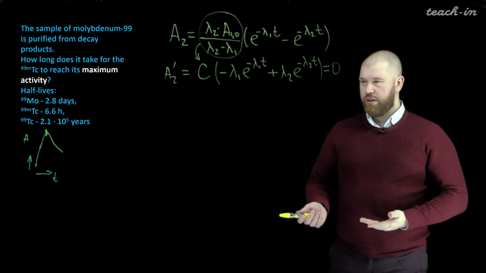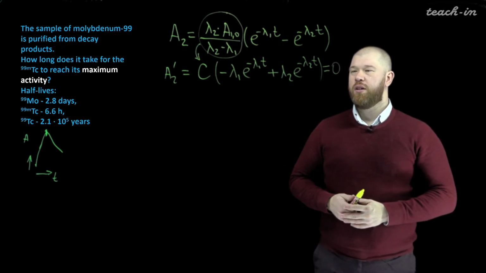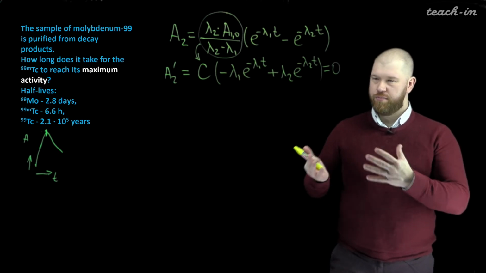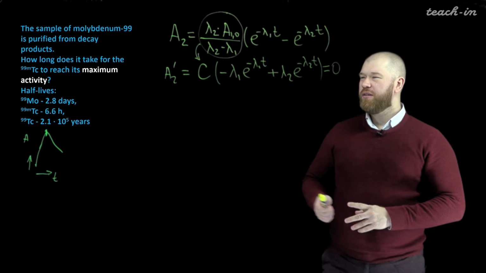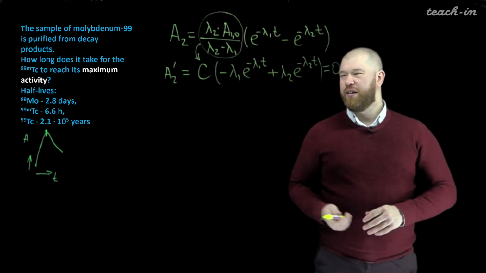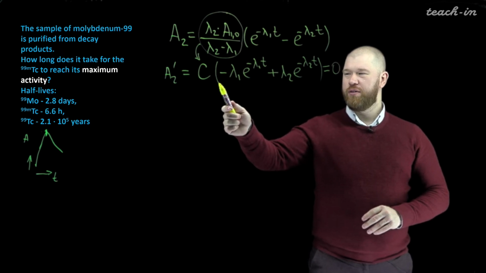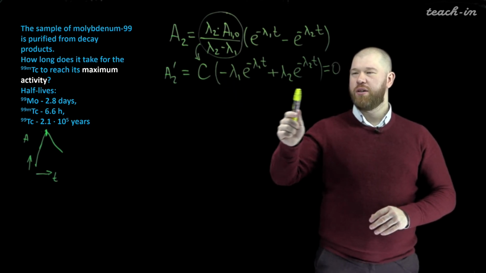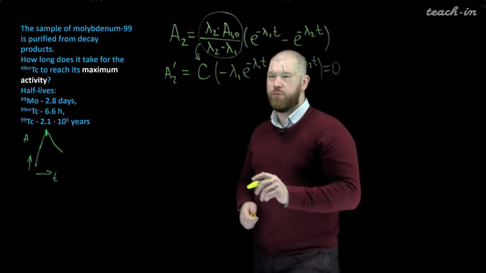So it's clearly seen that the constant doesn't affect the zero value. Only if the constant is 0, it can affect it. So we need to solve an even simpler equation, when the expression in our brackets is equal to 0.